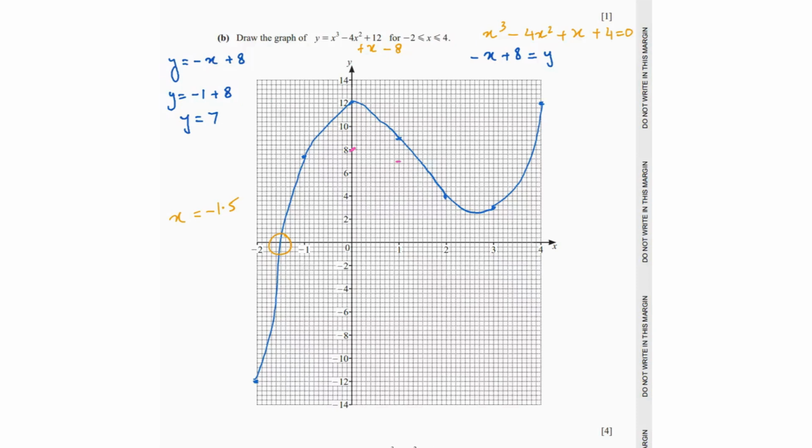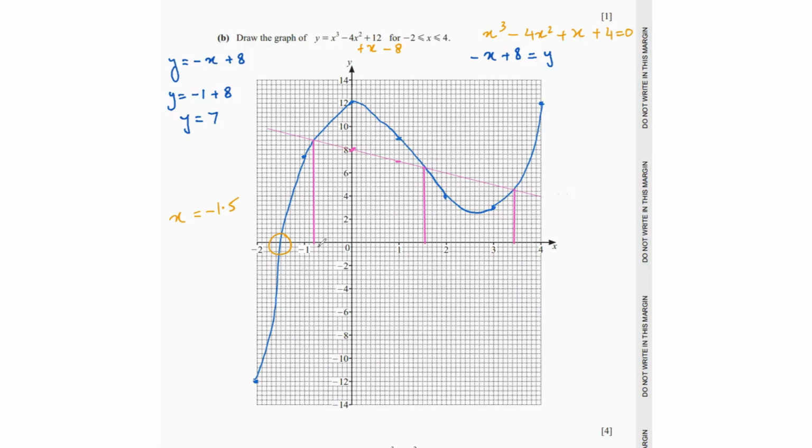That is another point. So now we draw a line that passes through the 2 points. That's your line. And now we see what the 3 solutions are.